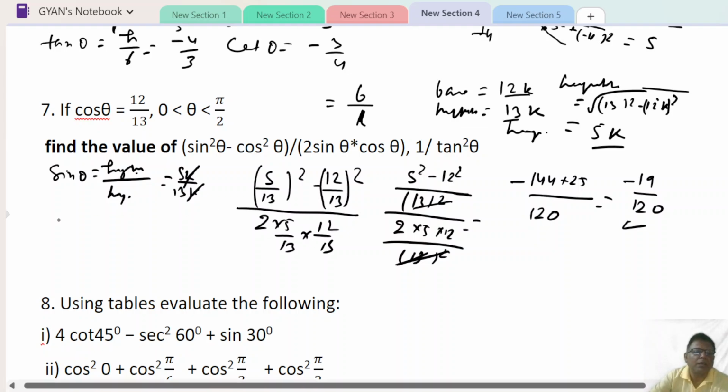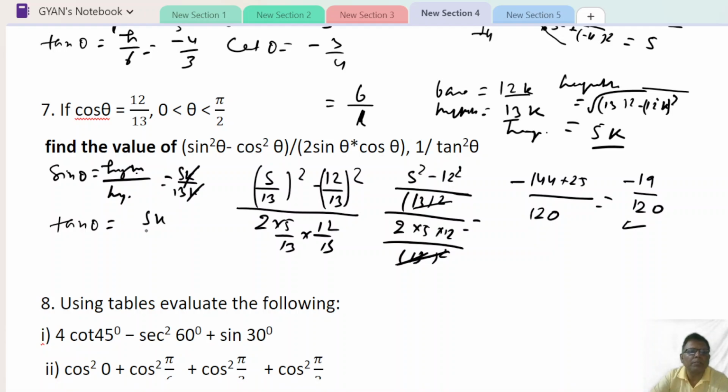And tan theta is equal to height by base. So height is 5, base is 12. So 1 by tan square theta is equal to 1 by (5 by 12) square. So that is 144 by 25, the answer.